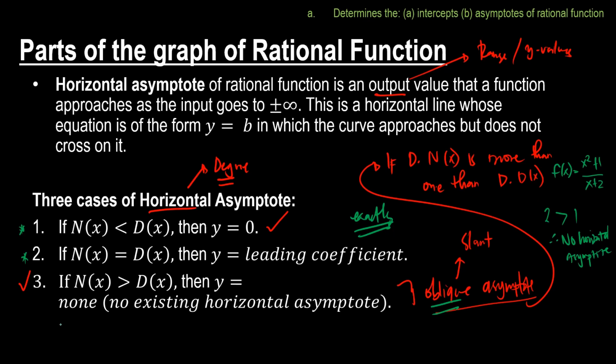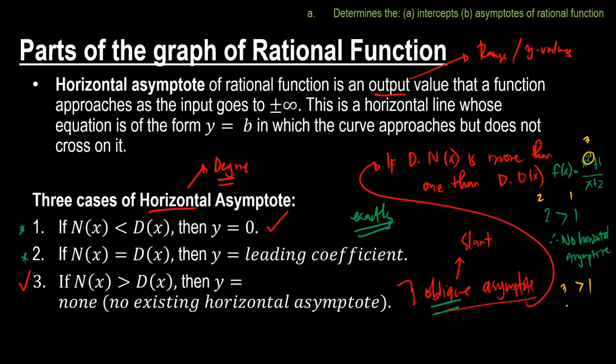So since the degree of the numerator here is 2, the degree of the denominator is 1, and 2 is bigger than 1 ng isa. So therefore there is an oblique asymptote. Okay? Pero, class, kapag itong 2 na to naging 3, so magiging 3 greater than 1, wala pa rin siyang horizontal asymptote, pero wala siyang oblique asymptote.